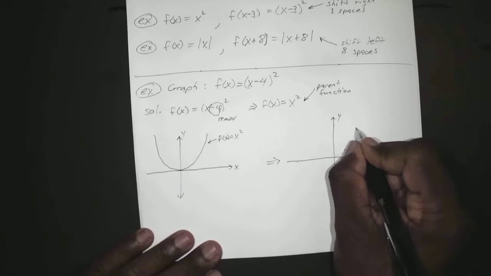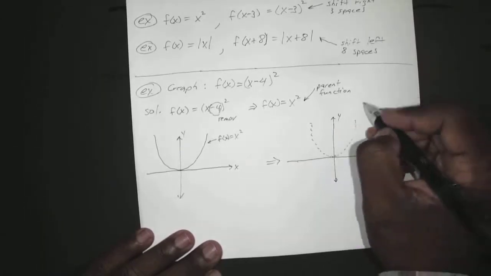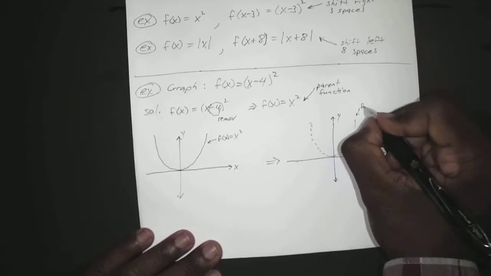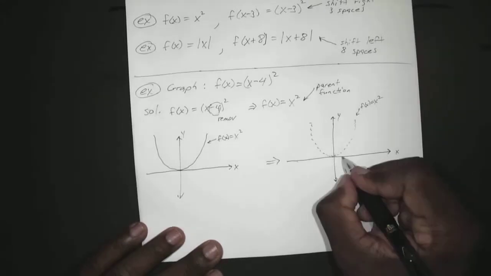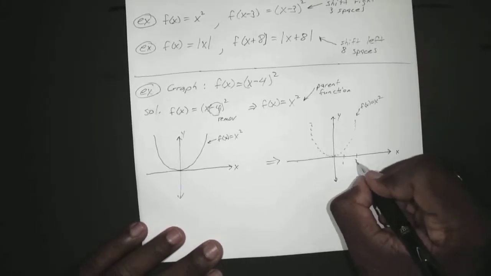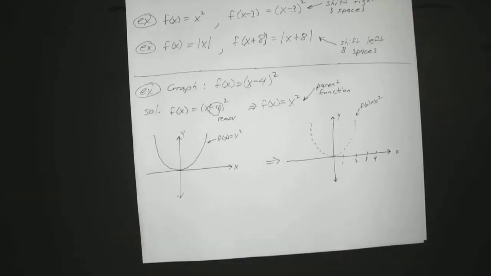And if we have that f of x equals x squared, you're going to shift this 1, 2, 3, 4. 4 units to the right.